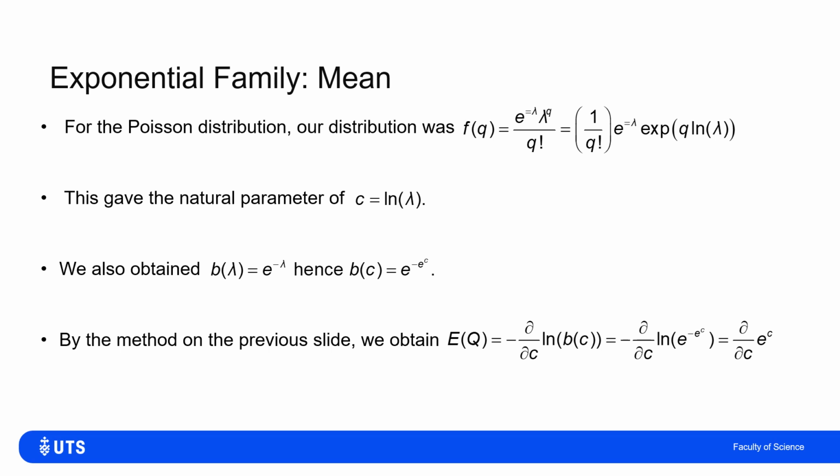Well, taking the log of e to the minus e to the c will just give me minus e to the c. So the negative of that differentiated is just the gradient of e to the c with respect to c, which is e to the c, which is lambda. So this tells me that the expectation of a Poisson variable is its own rate parameter, lambda, which is correct.